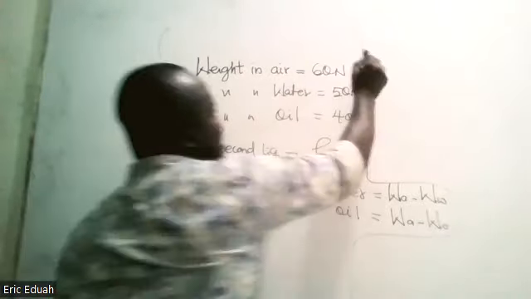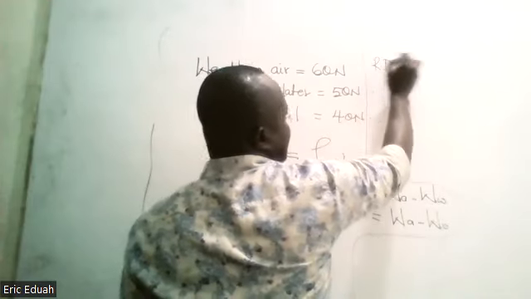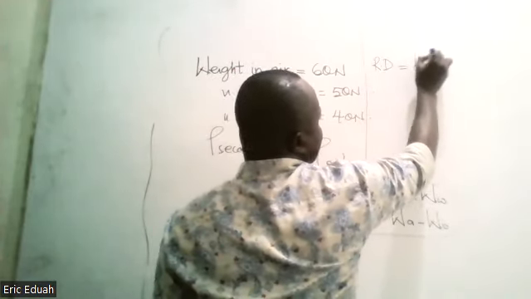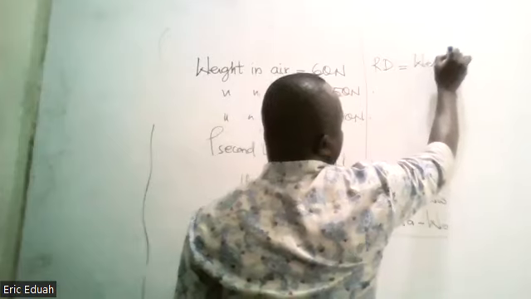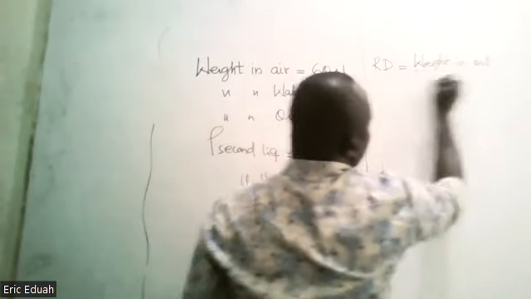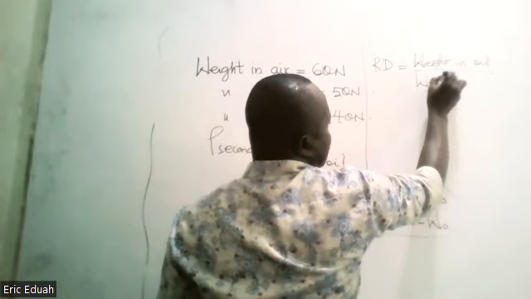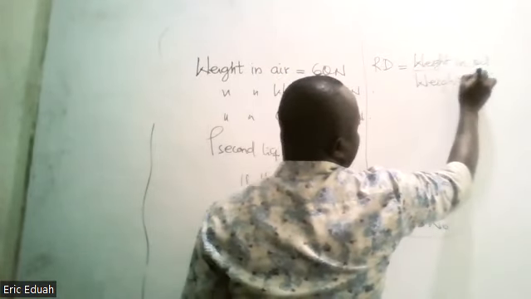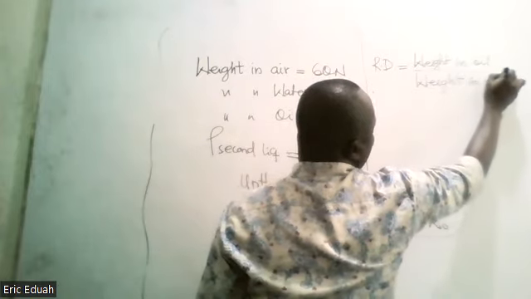So if we are using relative density, RD is equal to weight in oil divided by weight in equal volume of water.